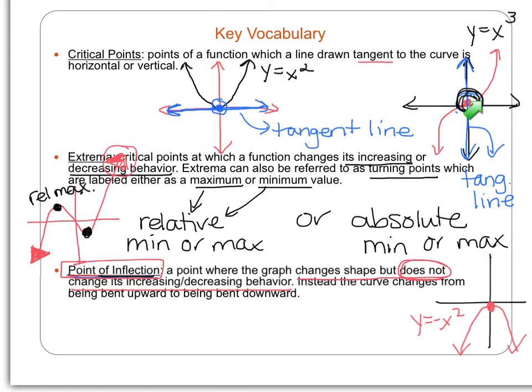So at this point, our function is switching from concave down, frowny face, to concave up. When your graph is changing concavity, switching from concave up to concave down, or in other words changing how it's being bent, that point is called a point of inflection rather than an extrema.